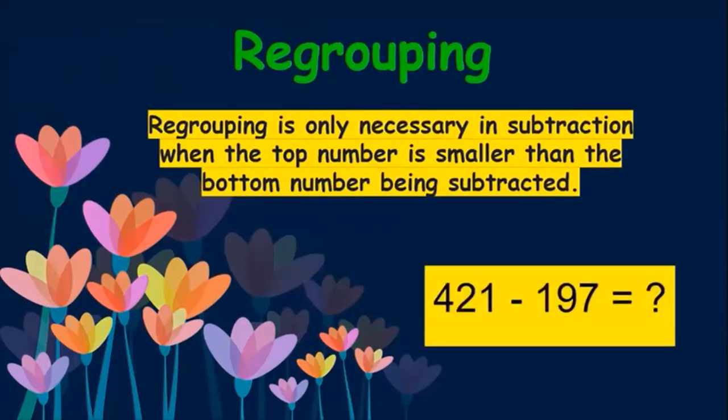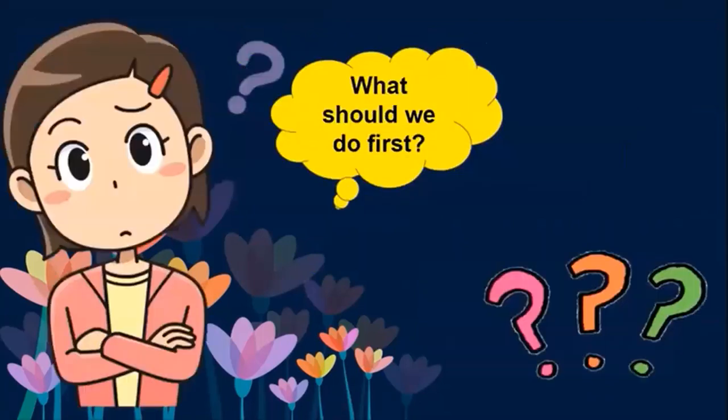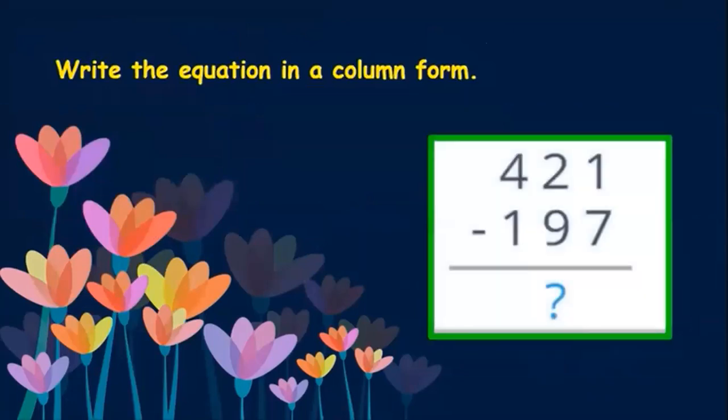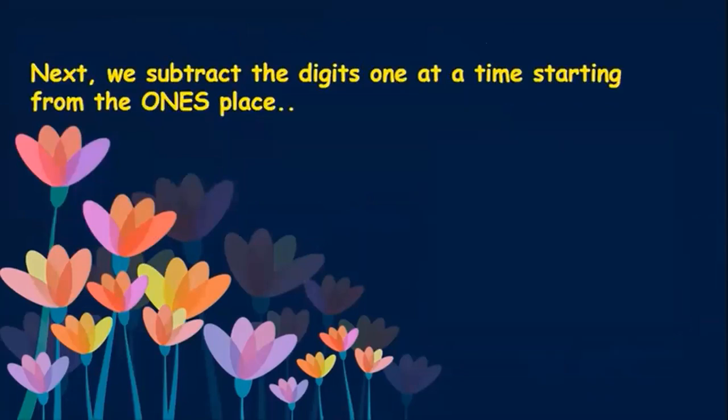So for example, we have here 421 minus 197. But what should we do first? First, we are going to write the equation in column form. And after that, we subtract the digits one at a time, starting from the ones place.